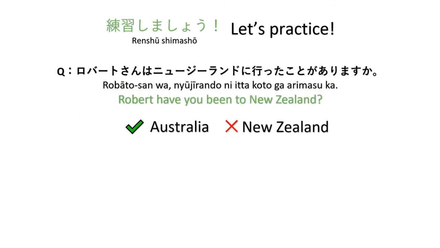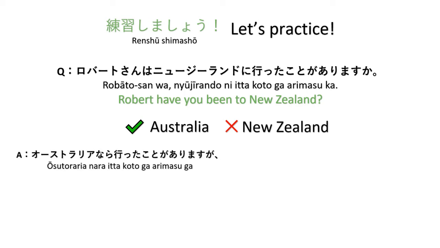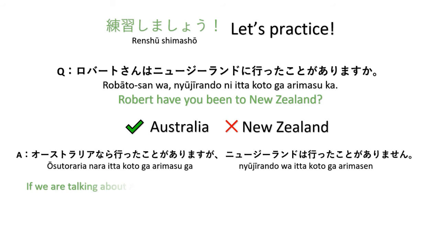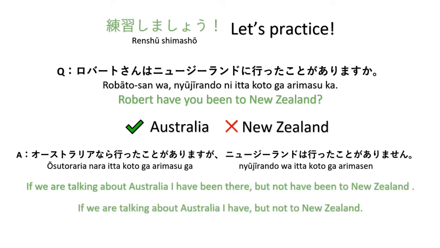Roberto-san wa New Zealand ni itta koto ga arimasu ka? Robert, have you been to New Zealand? So we have a contrasting answer again. Australia nara itta koto ga arimasu ga, New Zealand wa itta koto ga arimasen. If we're talking about Australia, yes, I have been there, but I have not been to New Zealand.